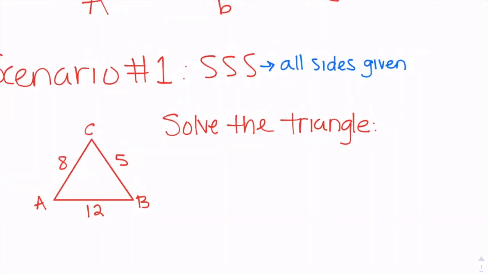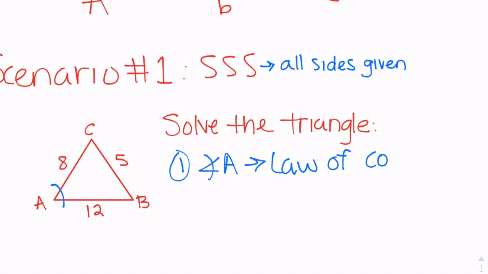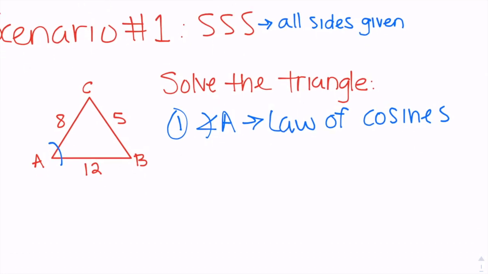To solve this triangle, the first thing we're going to do is solve for one of our angles. I'm going to start with angle A because it's the first one alphabetically. So step 1 is solve for angle A by using law of cosines. If you refer to your 3 formulas, to solve for angle A, you need to use the a squared equals formula.